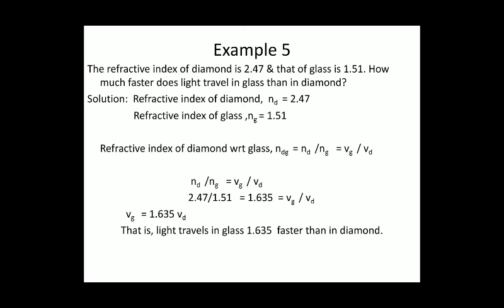Now, how much faster? We have all learned, just see the third line in the solution, the refractive index of diamond with respect to glass. We have learned the formula n21 equal to n2 upon n1 or v1 upon v2, right? Just observe n21, so n2 upon n1, but when we are taking the speed, the subscript gets reversed. The numerator will go in the denominator and the denominator will go in the numerator in case of speed.